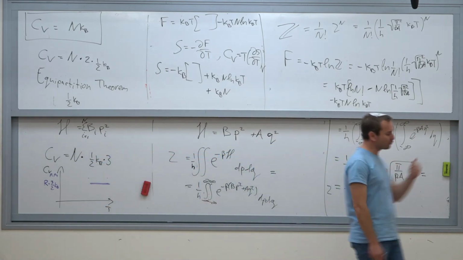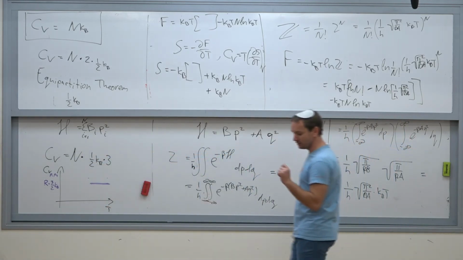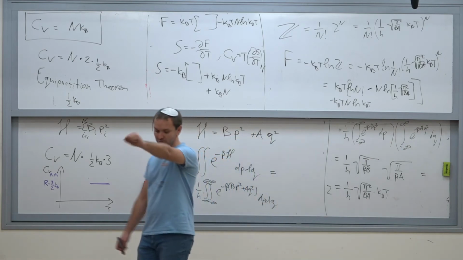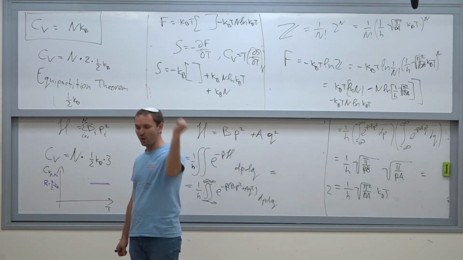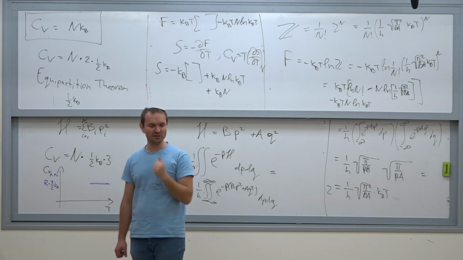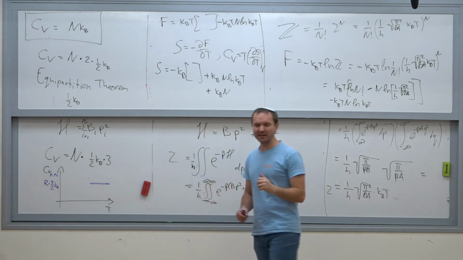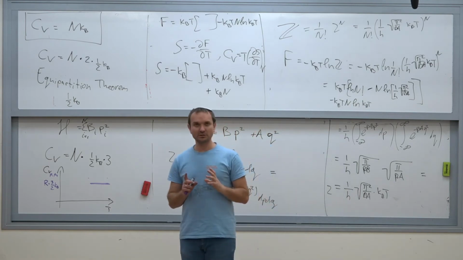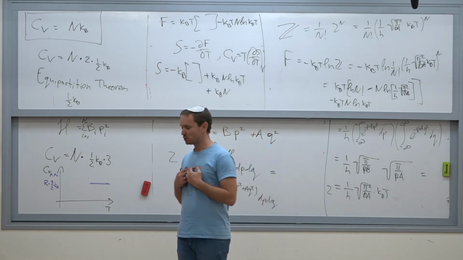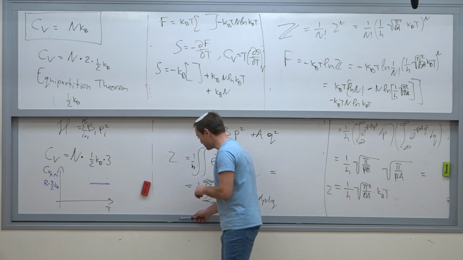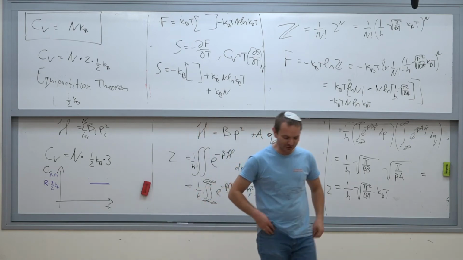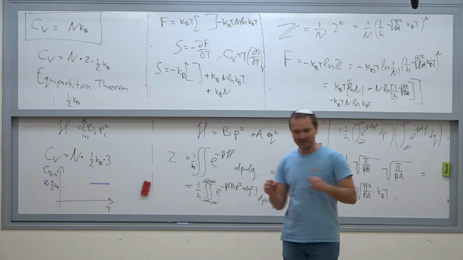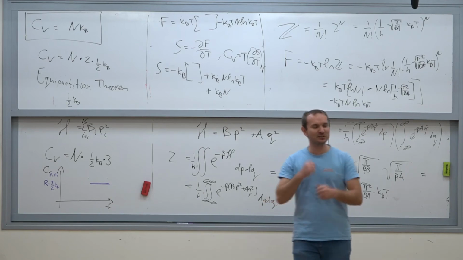Now, what if, for example, your particles have x, y, z directions for their momenta, but they can also rotate? So those are molecules that are not exactly spherical. They don't have a circular symmetry, so they can rotate in the theta and in the phi direction.